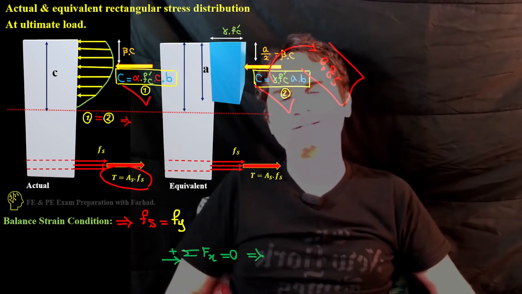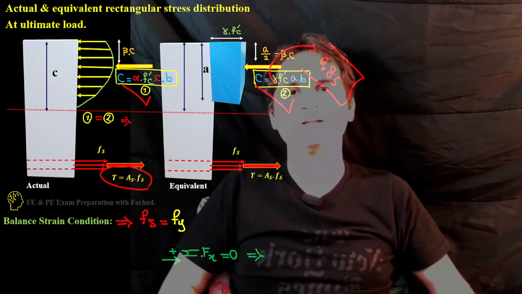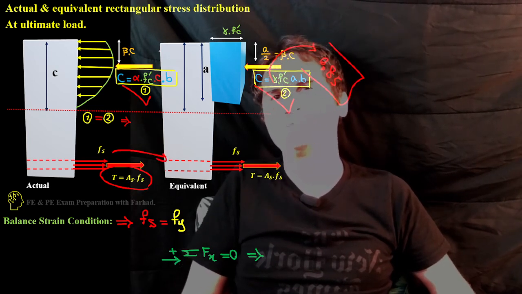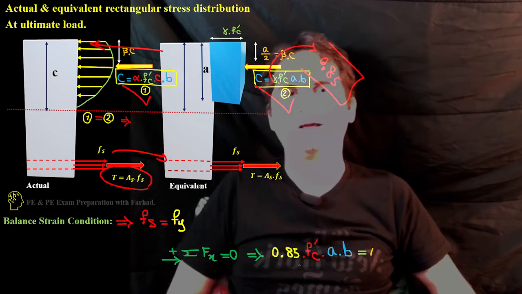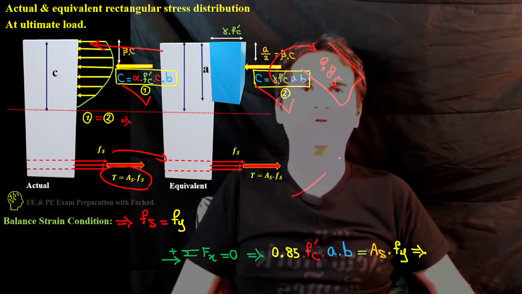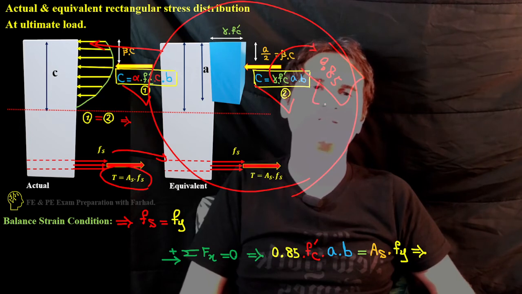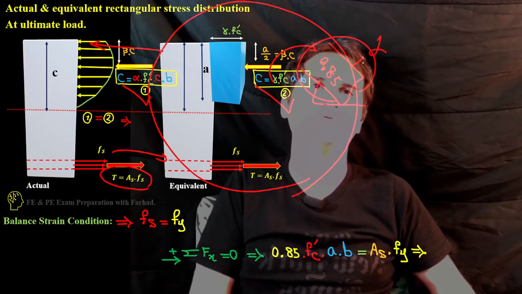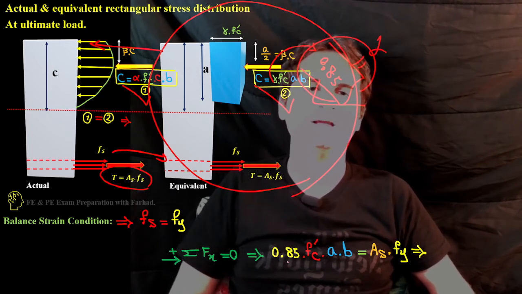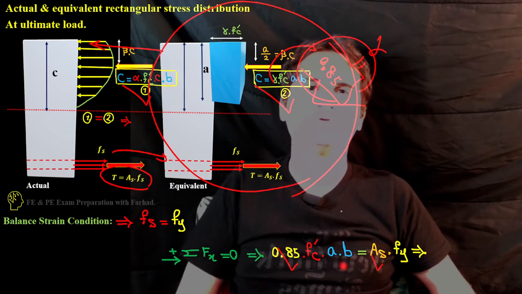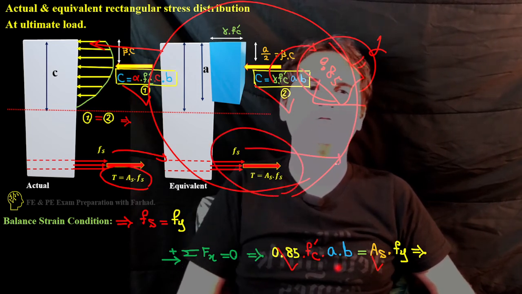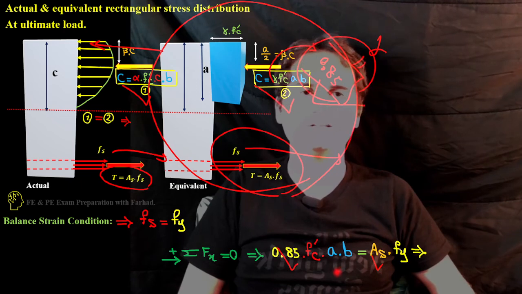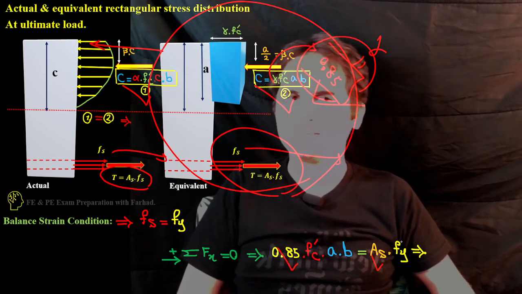For the whole cross section, the summation of forces in the x direction says the tensile force should be equal to the compressive force. If you apply that using the coefficient gamma of 0.85, it says 0.85 times F prime C times A times B is equal to the tensile force, which is the area of steel times the yield stress of steel.